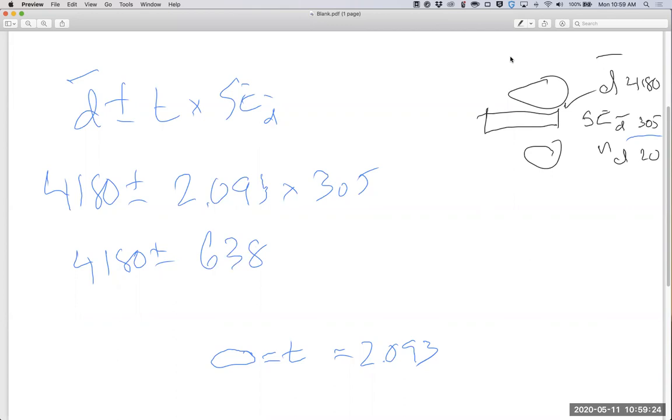638, or if you want to write it in terms of a lower and an upper end, 4180 minus 638 is going to be 3542, if I did that right, up to 4180 plus 638, 4818.